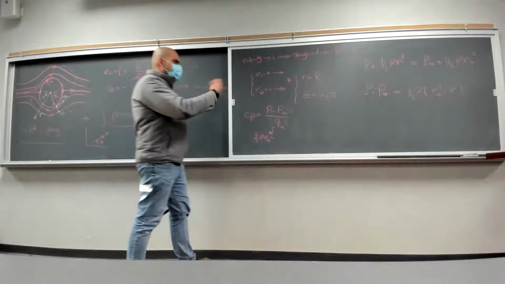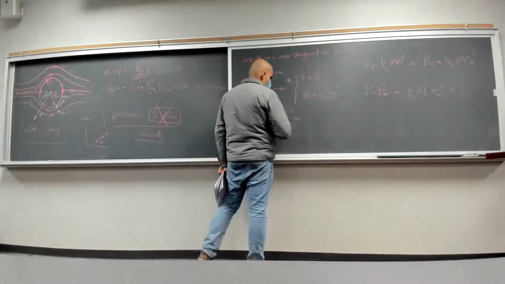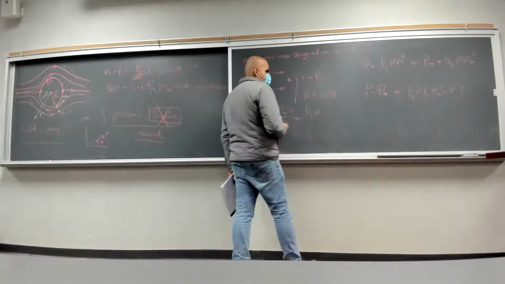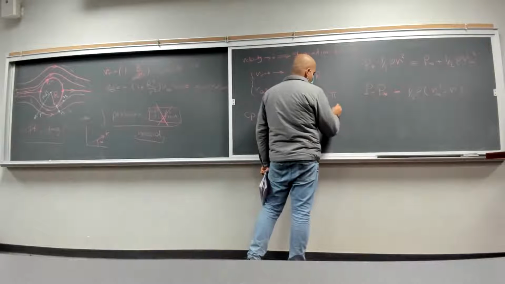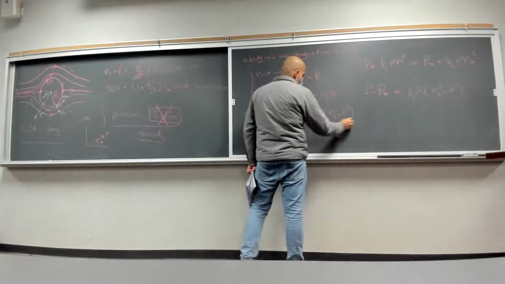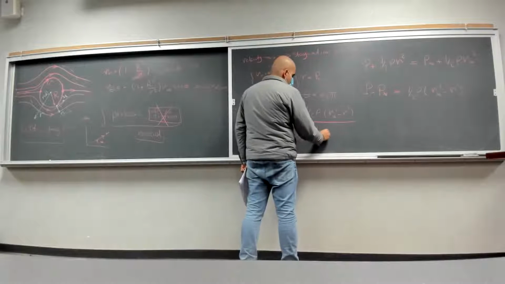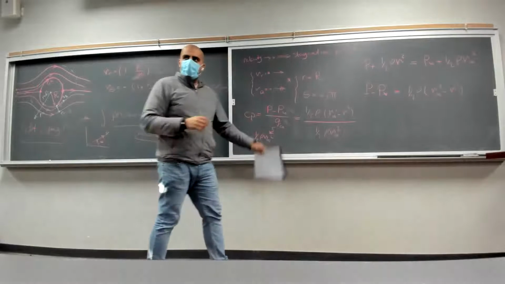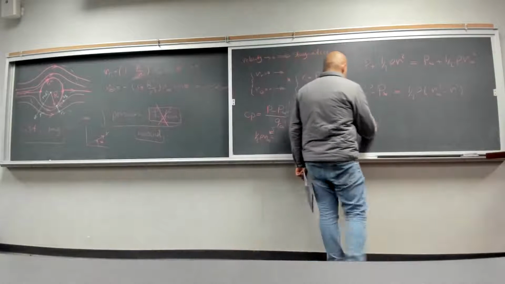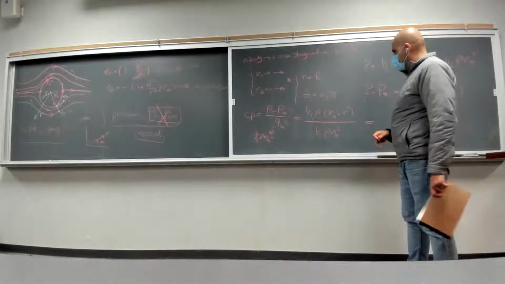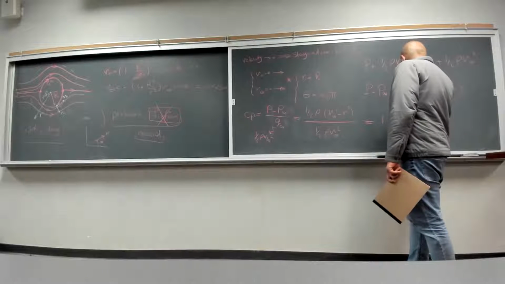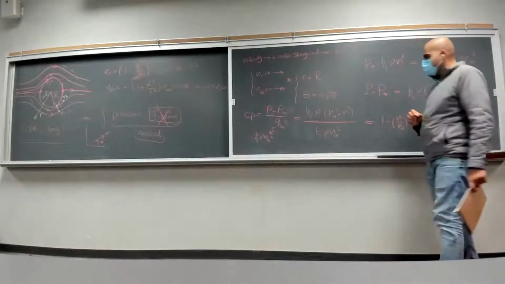So let's substitute that here. In the numerator, we're going to get 1/2 rho times V infinity squared minus V squared, divided by 1/2 rho V infinity squared. The 1/2 rho will cancel out, and we can essentially simplify this to 1 minus V divided by V infinity, squared.